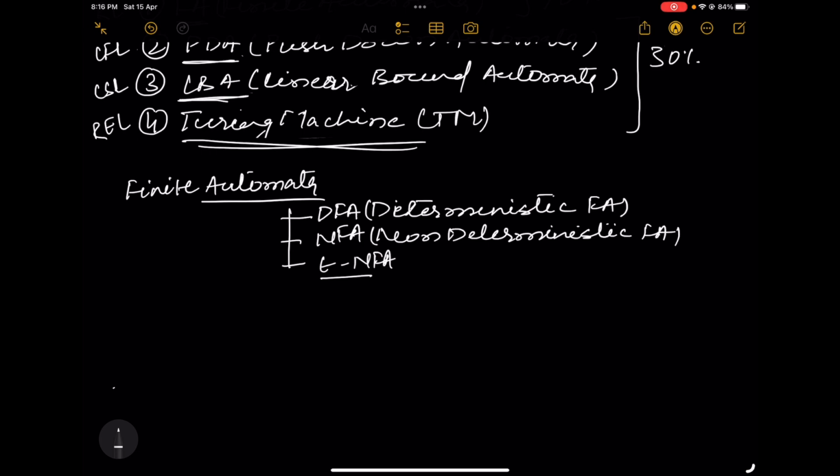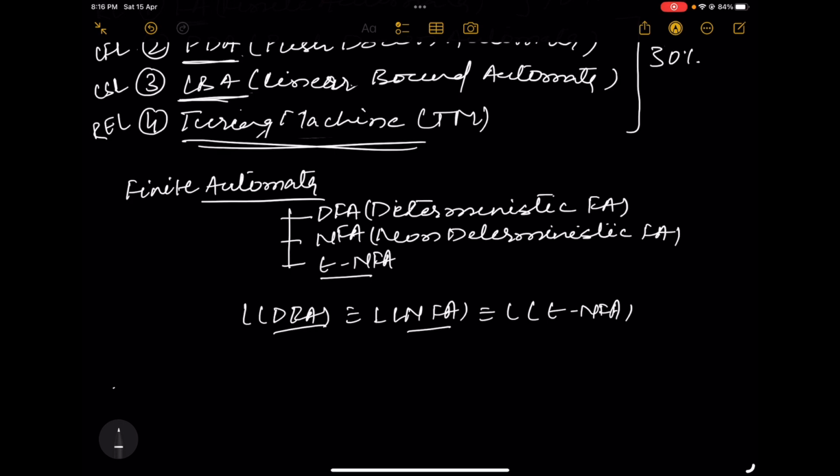So we can simply say the language accepted by DFA is exactly similar to the language accepted by NFA, and similarly we can say that the language accepted by epsilon NFA is exactly similar to what we have discussed as a DFA or NFA.